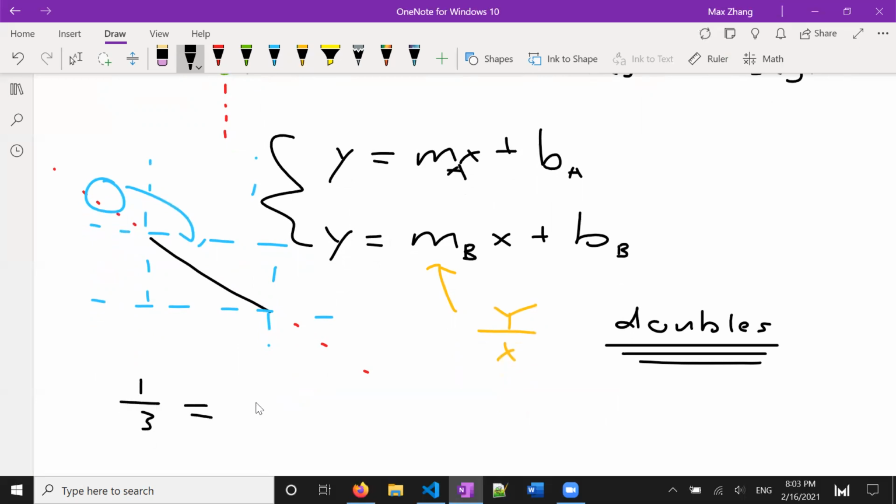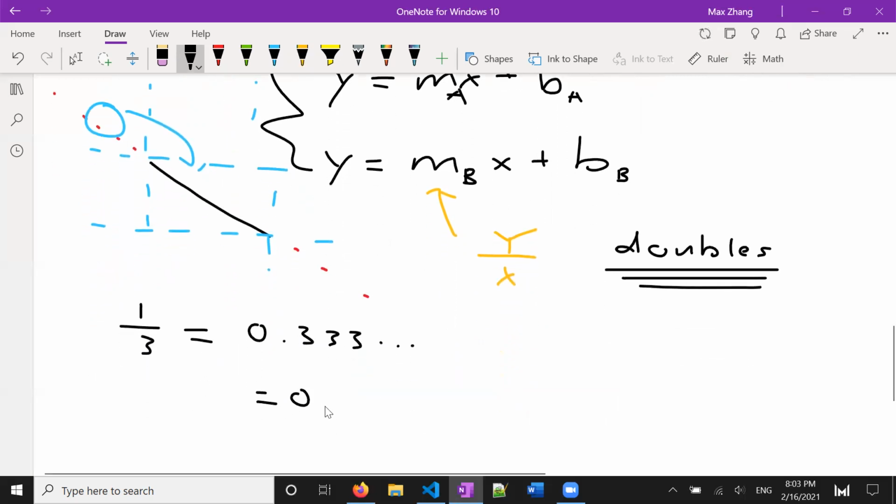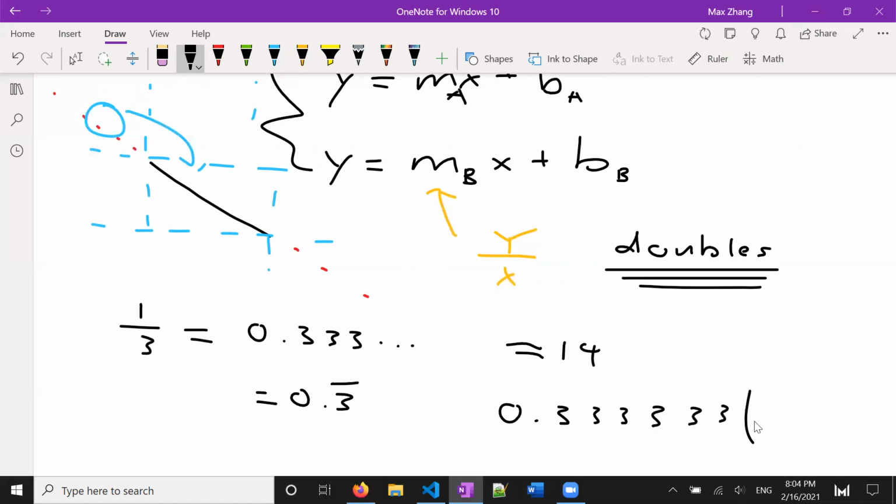We know that 1/3 is equal to 0.333 repeating, or in other words, 0.3 bar, right? However, a computer can't actually store an infinite number of threes. So instead, it just stores up to enough decimal points. I think a double does roughly 14 or 15 decimal points, I don't quite remember. So it will store something like 3333, and then it'll truncate it off at the very end.